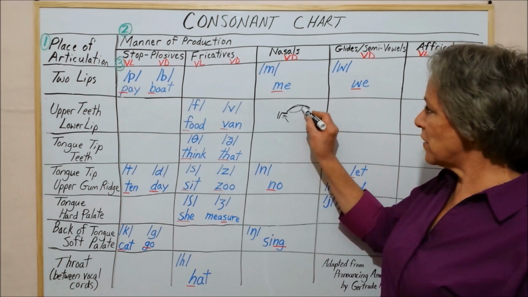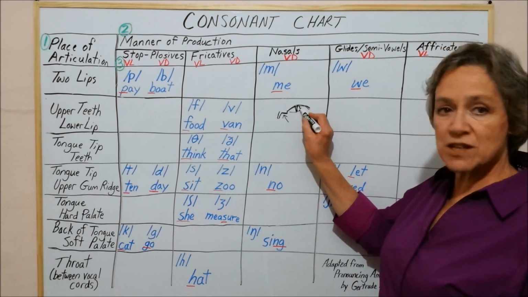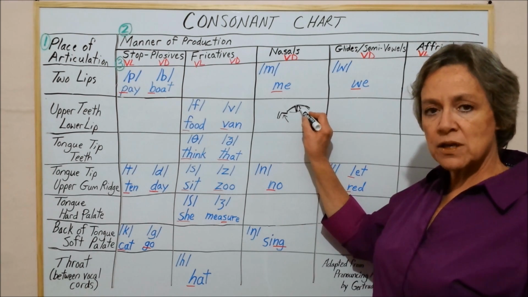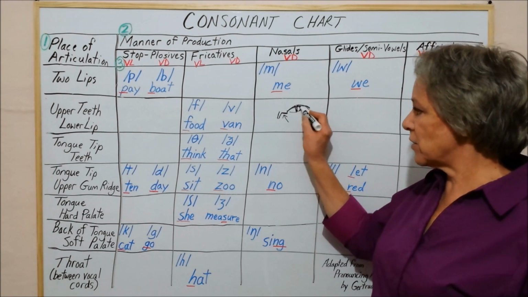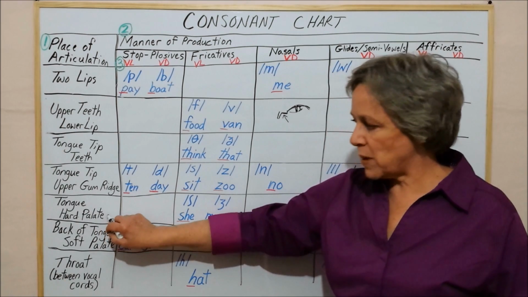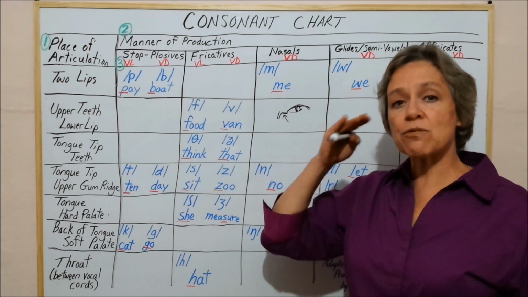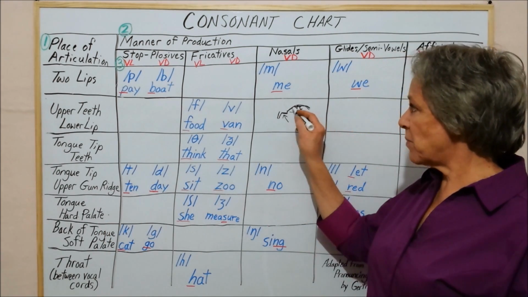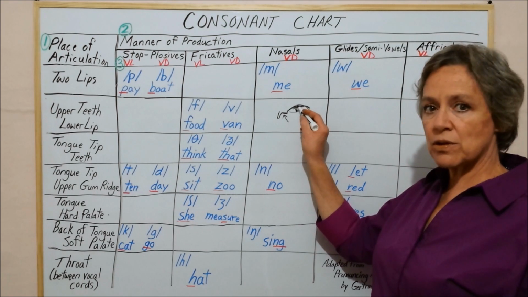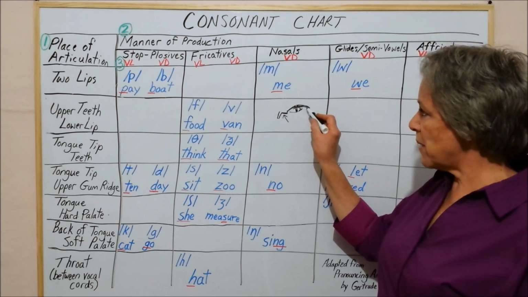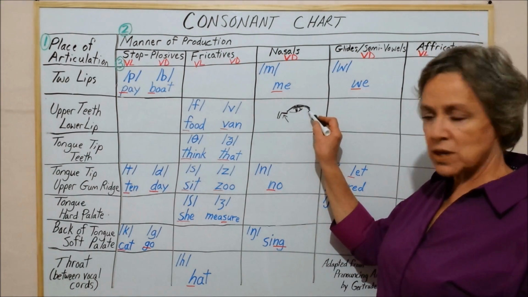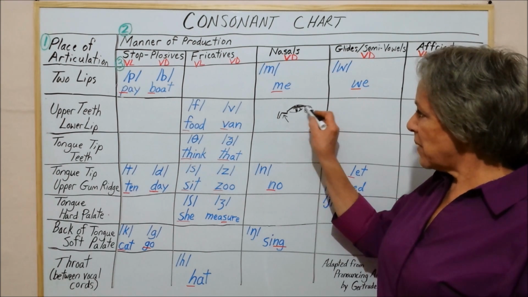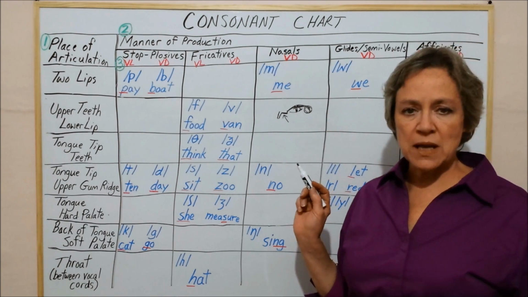And by the way, this is the roof of the mouth. The first part of it, this part is hard, and it's called the hard palate, which I have down here, hard palate. It's also called the roof of your mouth, the top of your mouth. It's the hard part. If we continue towards the back of the mouth, in the back, this is the soft palate.